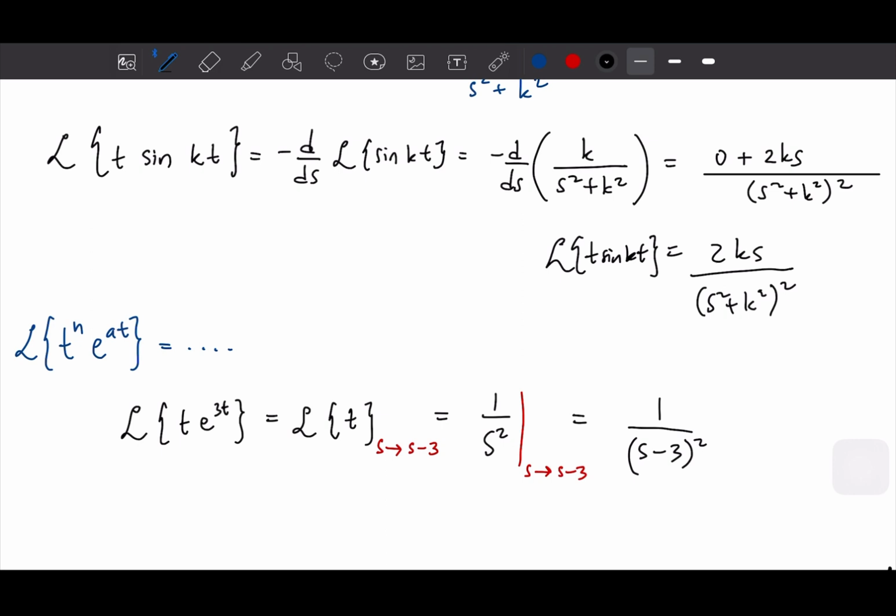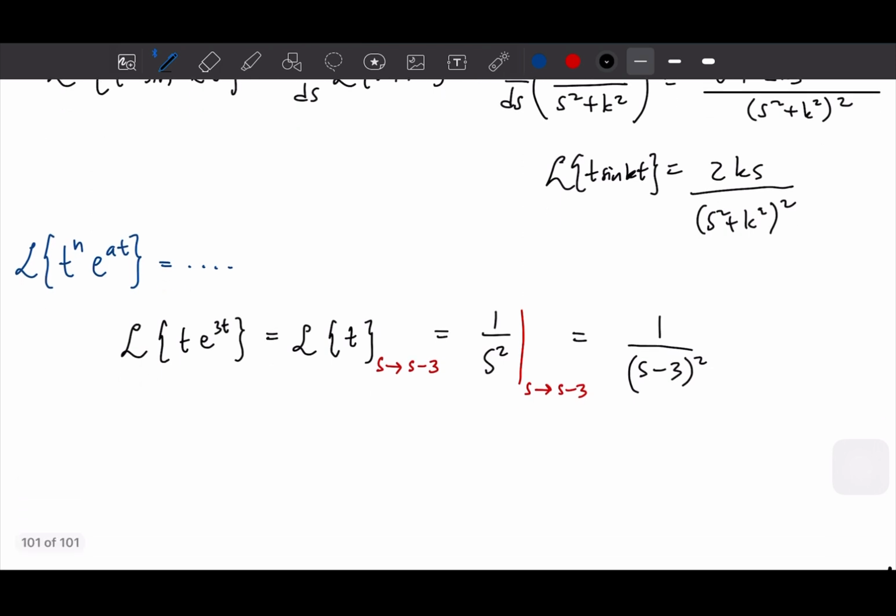Now, because we now have the derivatives, the new method, we could take that as well, and compare the result. So we could take this negative d/ds, and then Laplace of e with power of 3t. Laplace of e power of 3t is just 1 over s minus 3, right?